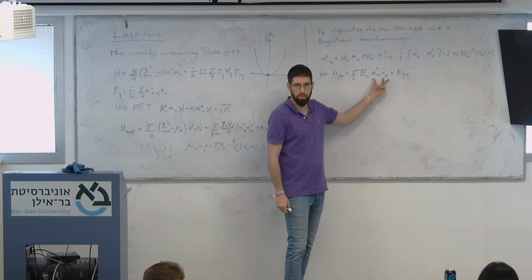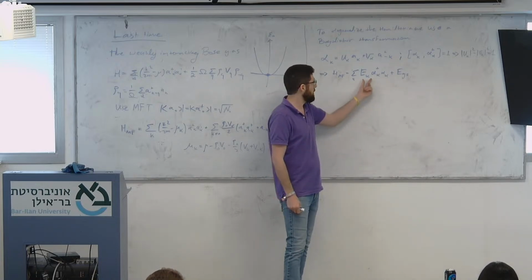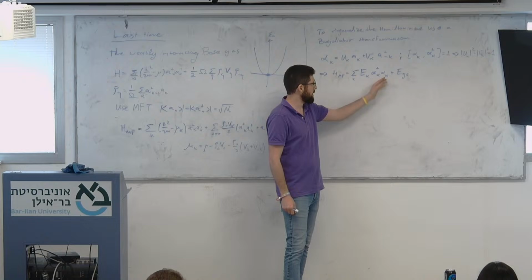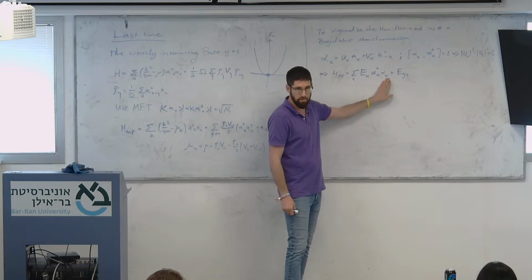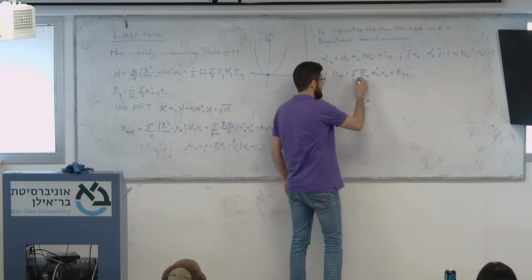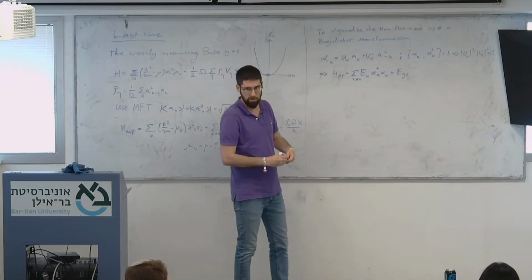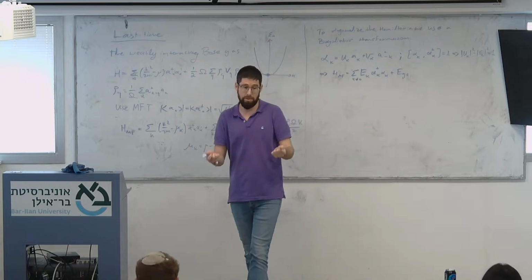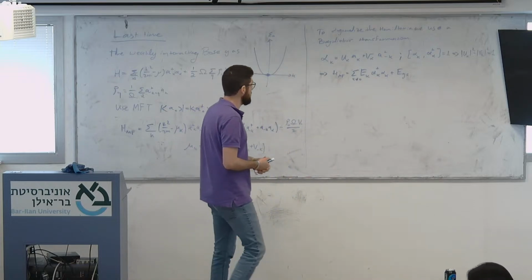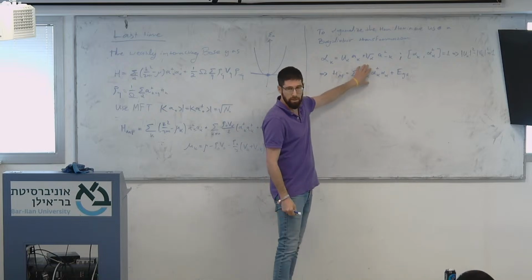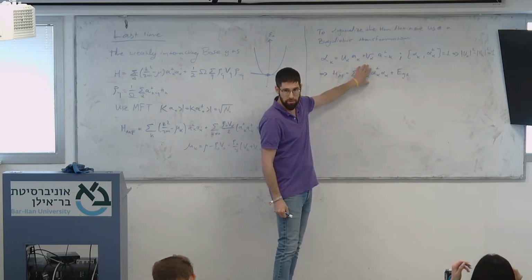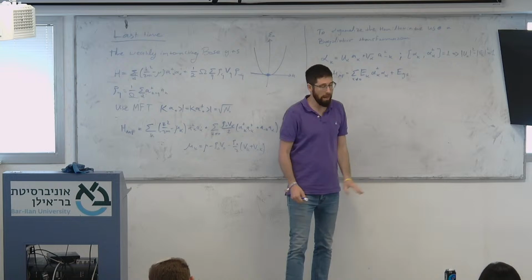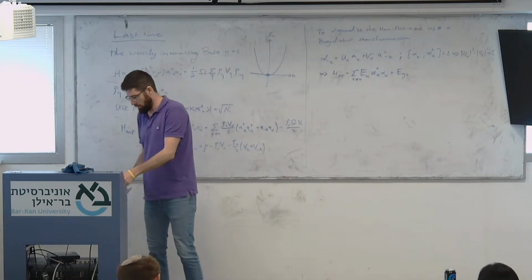These are called Bogoliubov quasi-particles. At the ground state, you occupy none of these. By the way, this k is of course not equal to 0; it only represents k not equal to 0. And you can excite these Bogoliubov excitations. Each one of them comes with an excitation energy E k, which I'll write in a moment. But in the absence of them, we have a ground state energy.